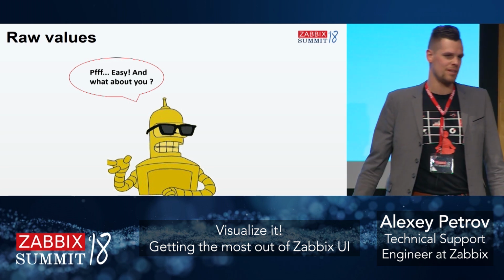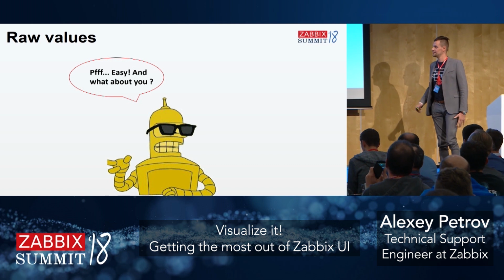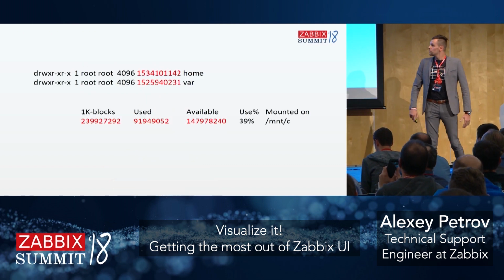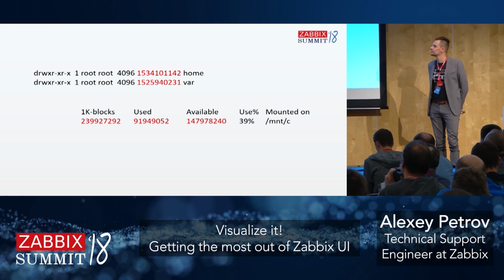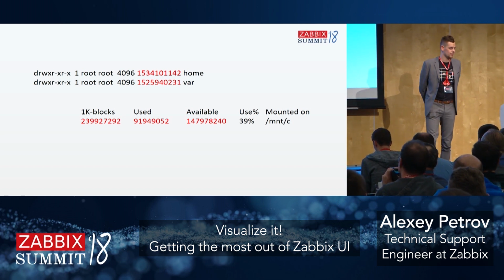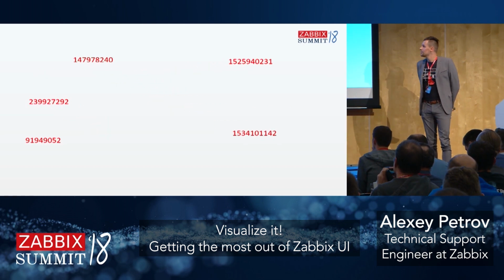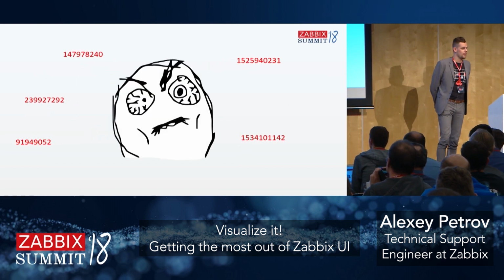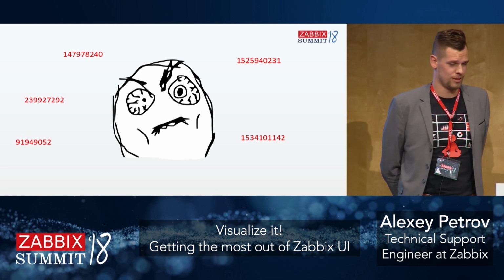Obviously, he would say, like, easy, I'm a robot. I believe he also runs Zabbix inside himself at some point. But for you and for many other humans, since we're not in the cyber era so far, it will be like that. It will make you really mad, and your eyes will bleed.